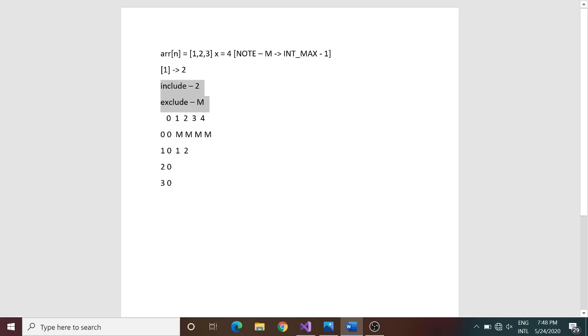Now suppose I am talking about this matrix cell, the intersection of this 2 and this 2. What is the amount which needs to be made? 2. And what are the denominations which currently I have? I have 2 denominations. So what is the minimum number of coins needed to make this amount? The minimum number of coins is again 1 only, because the amount to be made is 2, and the denomination I have currently in my hand is again 2.